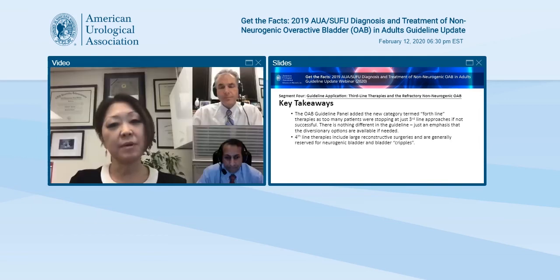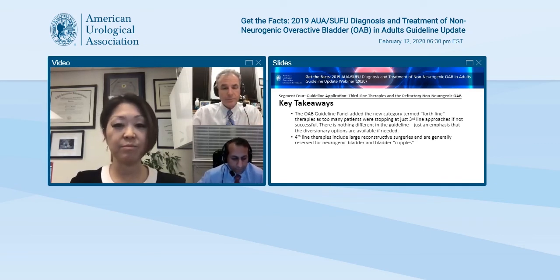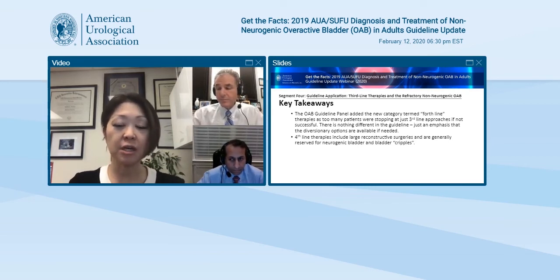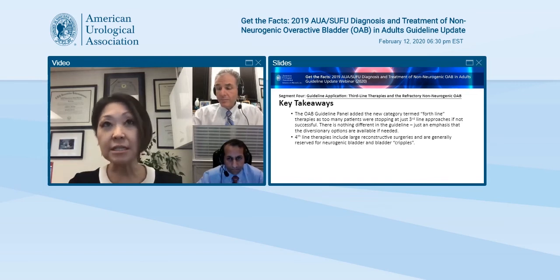So keeping in mind that this is a big step. You're going from minimally invasive percutaneous procedures or injections to a large reconstructive procedure that's going to be an inpatient stay of several days.